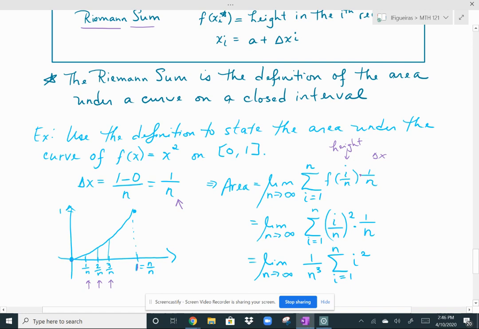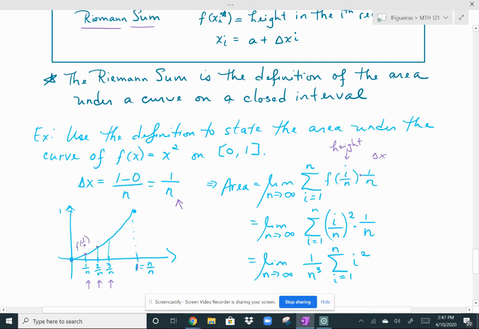Now, I'm just showing you this to illustrate it, but in theory, these rectangles would be so skinny that you wouldn't be able to distinguish a 1 over n versus 2 over n because they would be very, very close together. So what's the function value at each of these? The function value at 1 over n would be f of 1 over n.